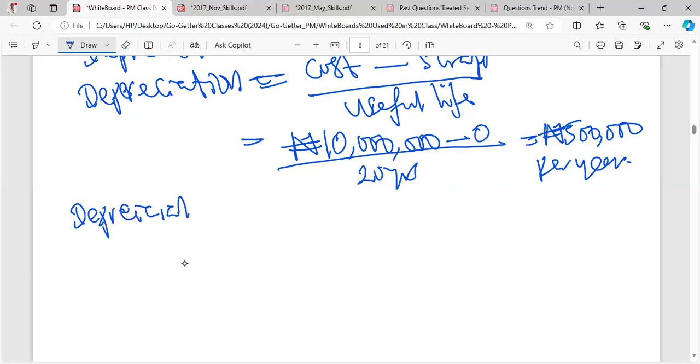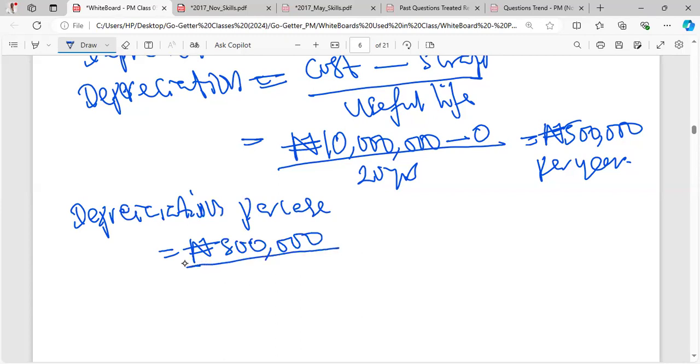Depreciation per case will be 500,000 per year divided by 100,000 cases.